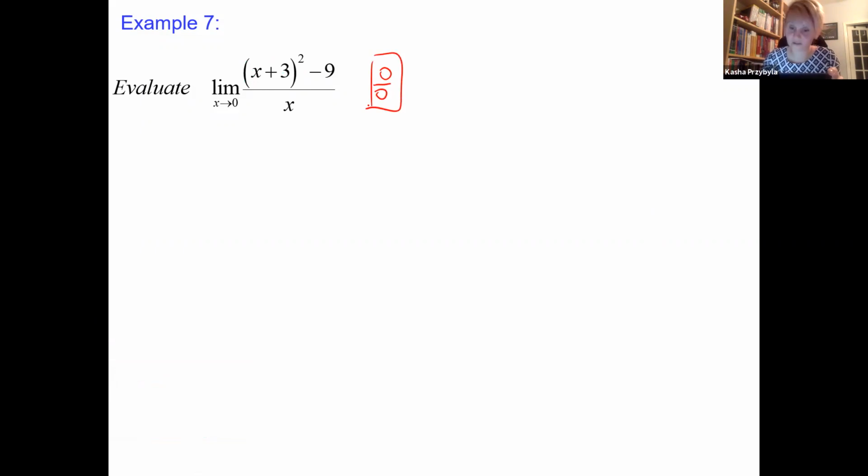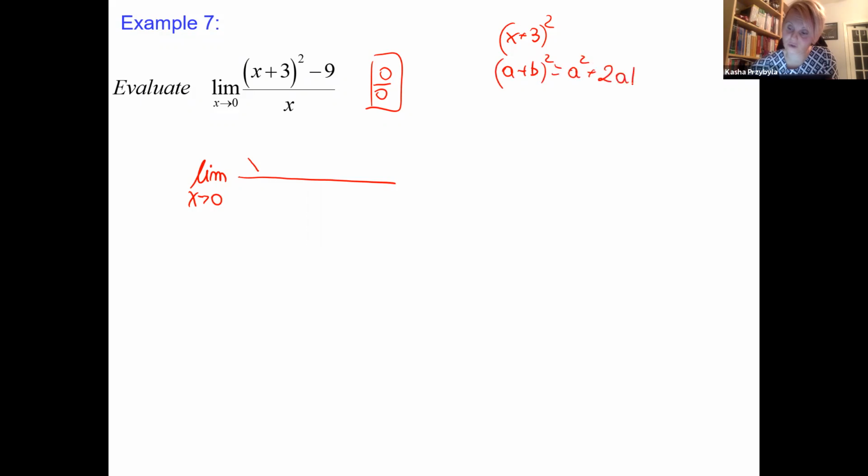That's the case where we just use algebra. x plus 3 squared, or a plus b squared, is a squared plus 2ab plus b squared. So we have x squared, 2 times 3 times x, and 3 squared, 9. And then minus 9 over x.